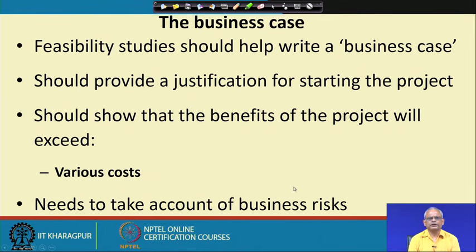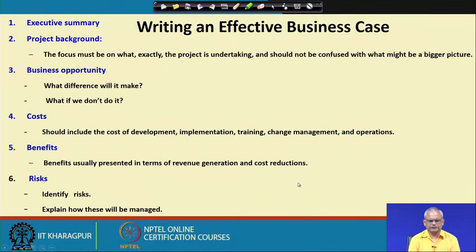Maybe you will have occasions to develop a business case, and typically a good business case should touch upon the following points. One is the executive summary, what exactly is being taken up to be done, for the top management to understand. The project background, what circumstances, why exactly the need for the project arose.